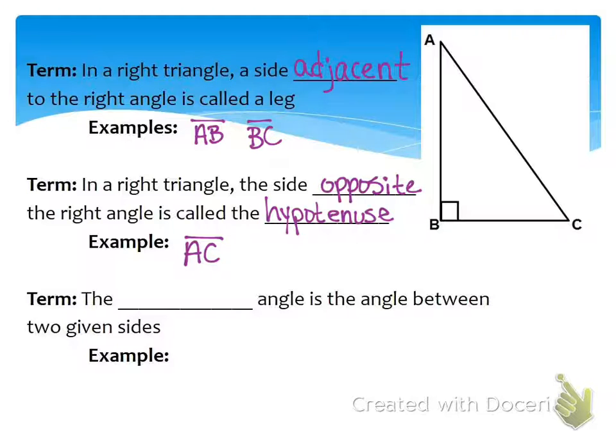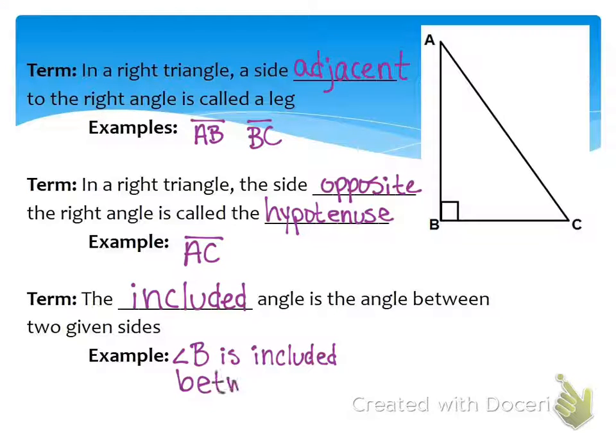The last term is one that might be a little bit newer to us. The included angle is the angle between two given sides. For example, sure, we could use any of the angles. Angle B is included between which two sides?